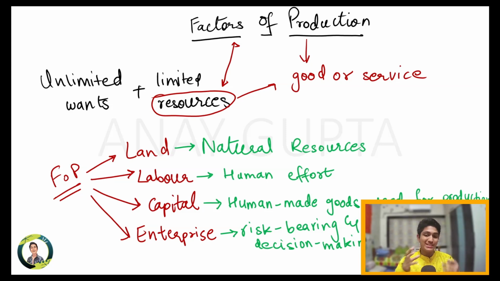And because we say it's enterprise, because even if it's a government produced product, there is still someone who is risking the tax revenue, because there is always some place else that we can devote these factors of production. So there's someone who's making this decision, risking that cost, and producing this particular product. So that is the factor of enterprise.